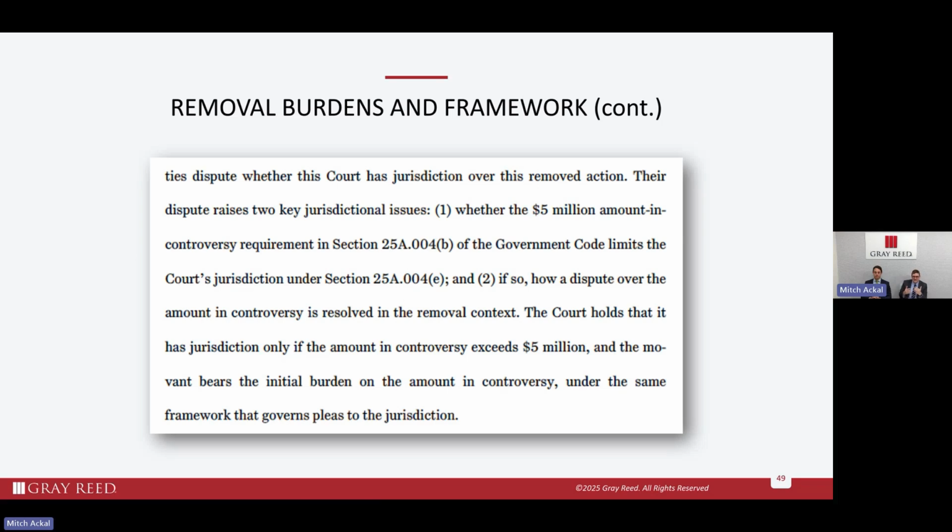But the question behind that is, if it's an internal governance question, are you looking at the merits of the case? Is that your jurisdictional hook? If it goes to the merits, the burden is lower because the court can't decide the merits on the front end. That's a question for the fact finder, for the jury at the end. But if it's a non-merits question, the court has to go further in determining whether it has subject matter jurisdiction on the front end of the case.